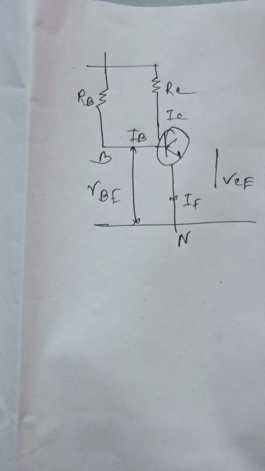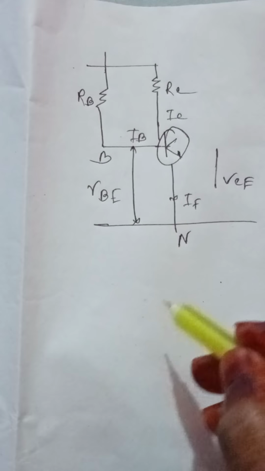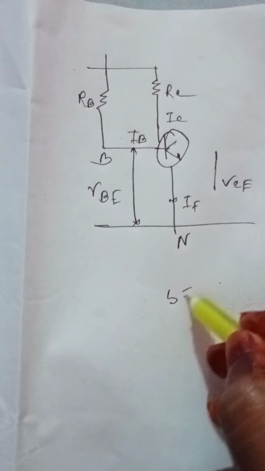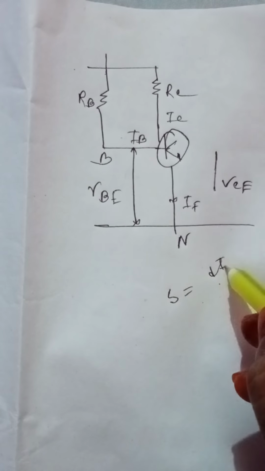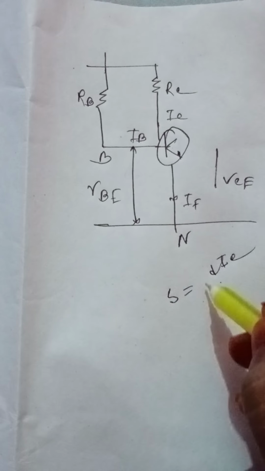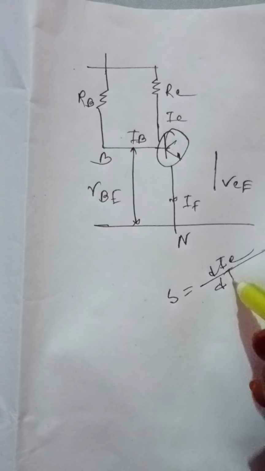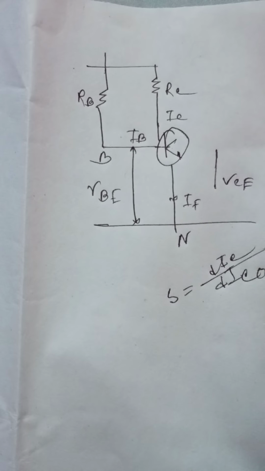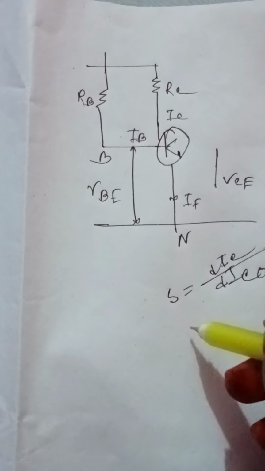It's defined as the rate of change of collector current IC with respect to the collector leakage current ICO, at constant beta and base current. This is called the stability factor, S = dIC/dICO at constant base current and beta.